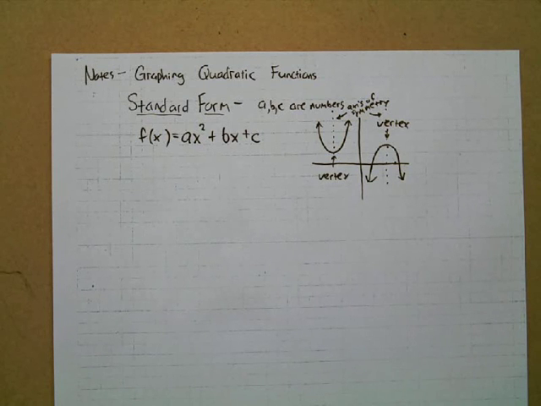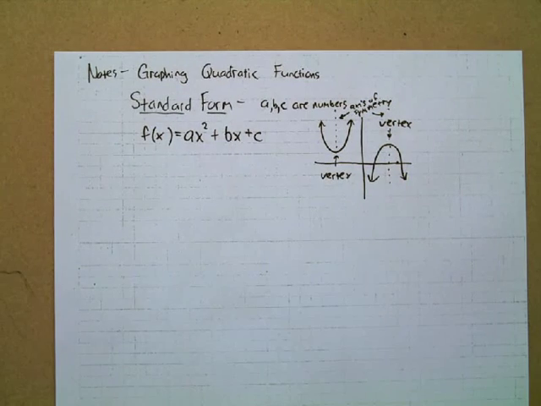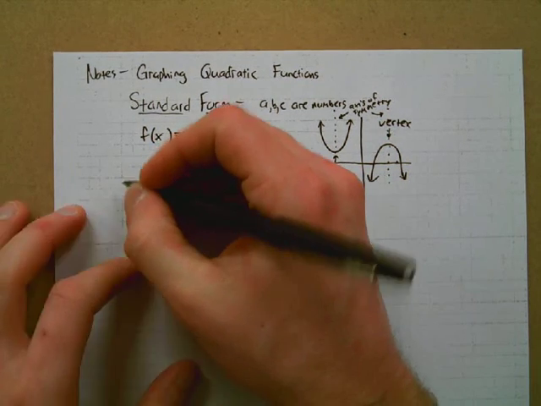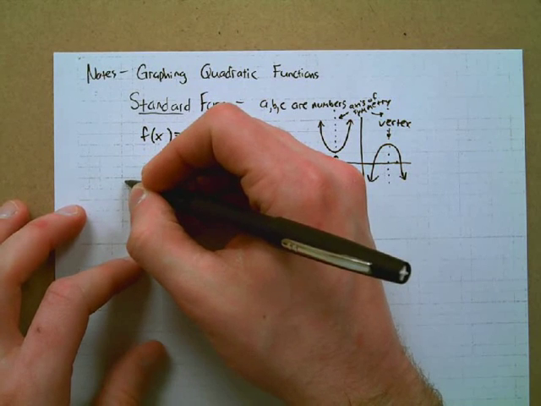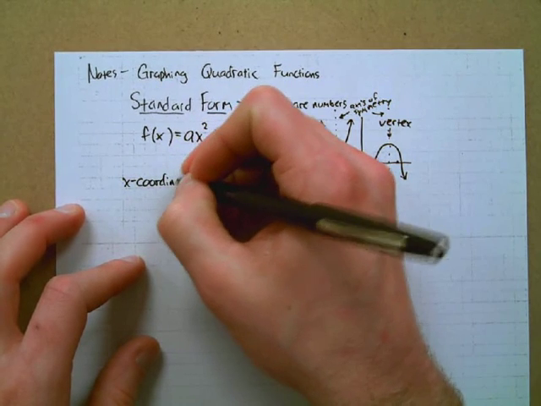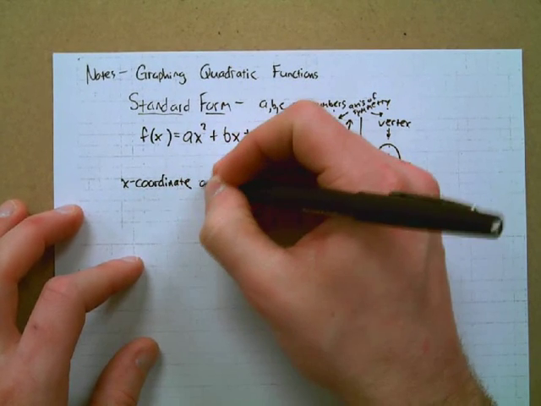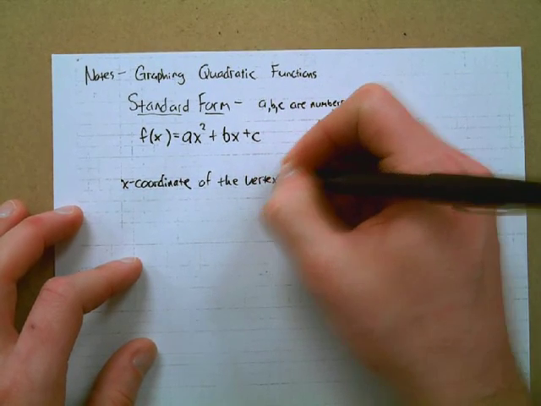And so the question is, how do we go from this to get a vertex and then figure out some more points? Well, the bread and butter, the thing that's going to help us out the most here, is the fact that the x-coordinate, because the vertex is going to have an x and a y coordinate, the x-coordinate of the vertex is going to be this.